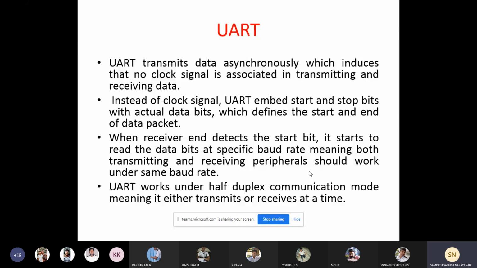UART basically detects the start bit, and also it defines a specific speed at which the data is transmitted. The mode of communication in UART is half duplex, meaning only one at a time. That is, either it can transmit or receive. That is called half duplex mode of communication.